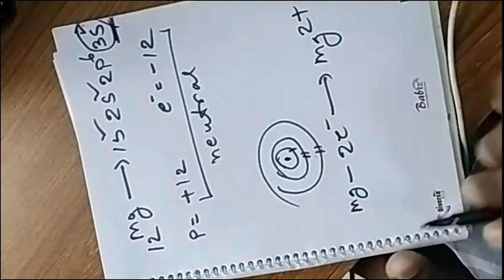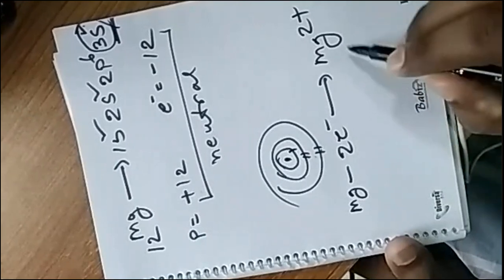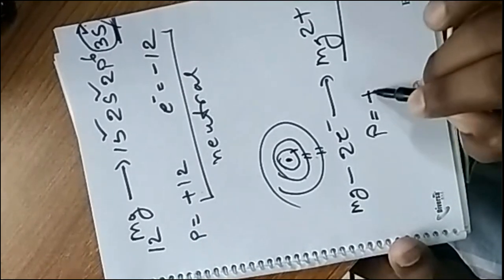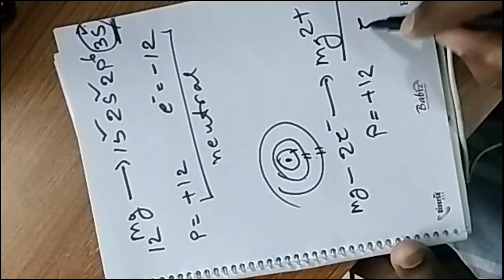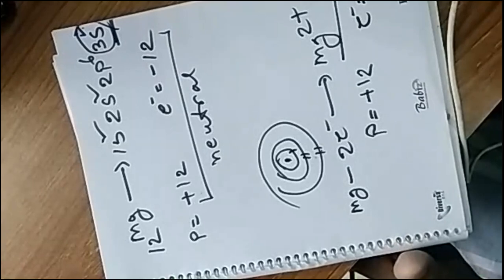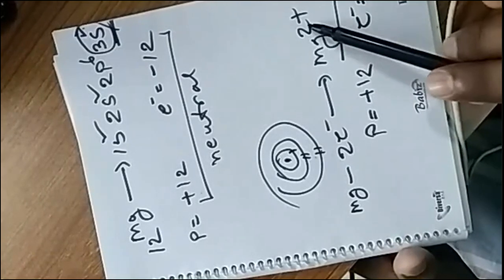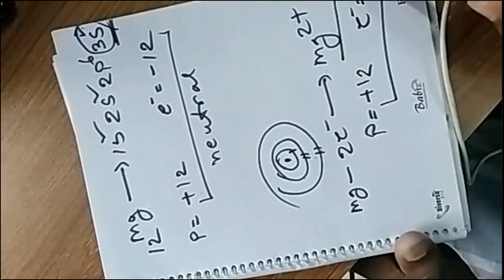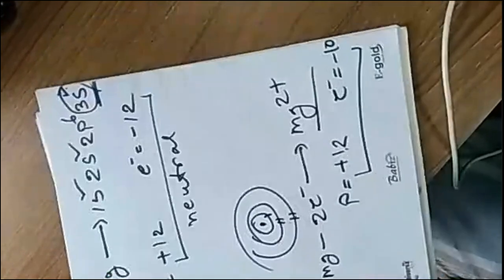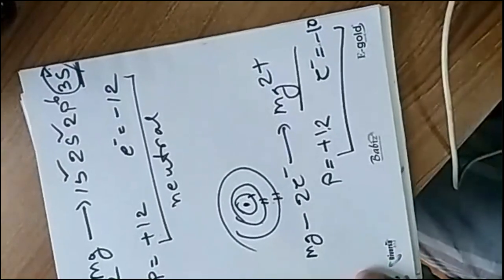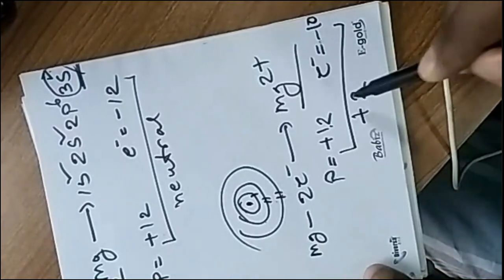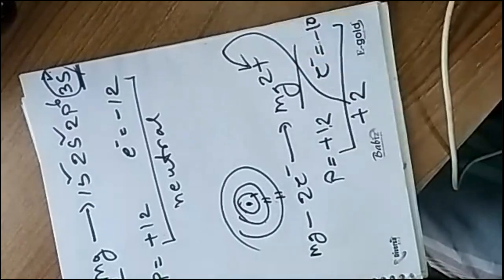That's why the number of protons for this magnesium will be 12 and the number of electrons will be minus 10 because 2 electrons are donated. If we combine these two numbers, plus 12 and minus 10, the charge will be plus 2. This plus 2 we can write here.